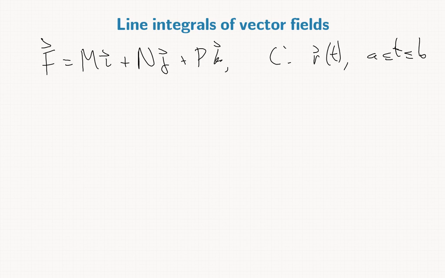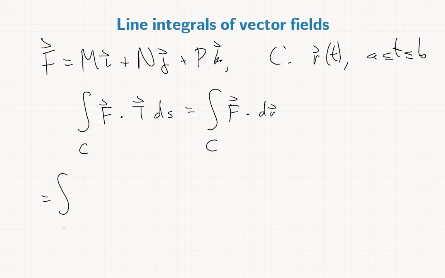Then we can write this integral F dot T ds as F dot dr. Explicitly, this is the integral from a to b of F dot r prime of t dt.